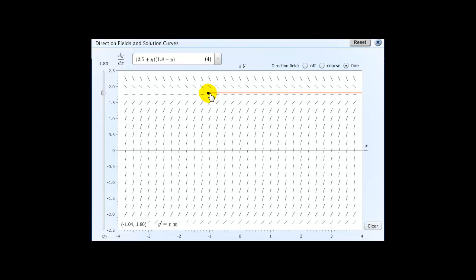Now I got pretty close to that, but I didn't hit it right on. But what happened now is it is a stable equilibrium solution. Everything is approaching that from below or from above. So even when I tried to hit it and I didn't hit it right on, it stabilized there anyway.